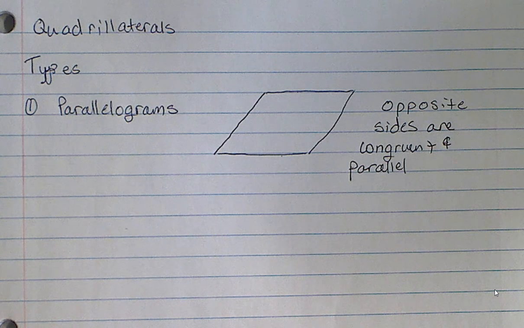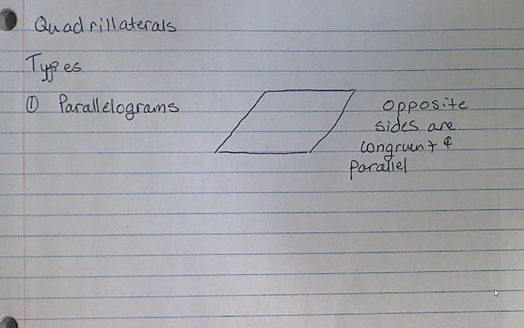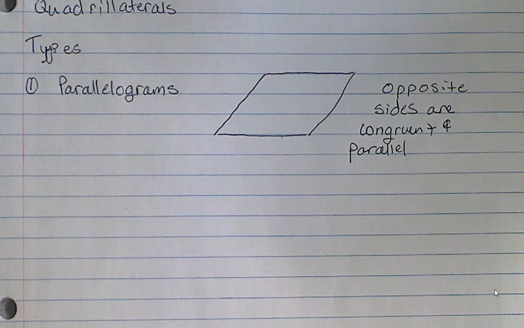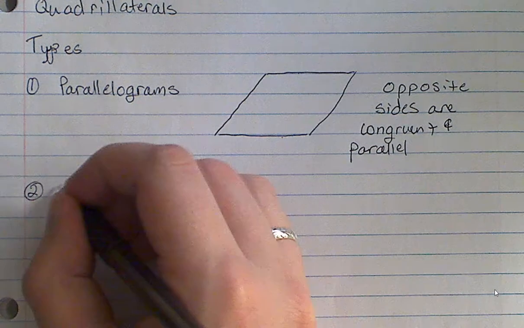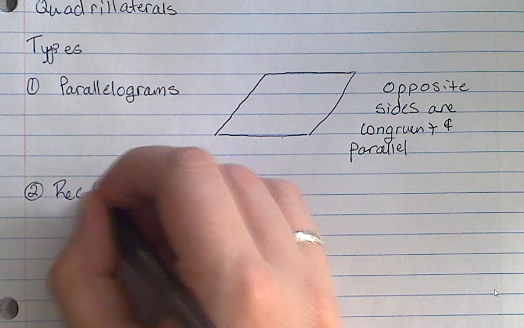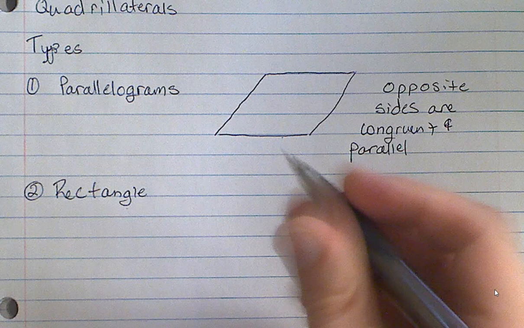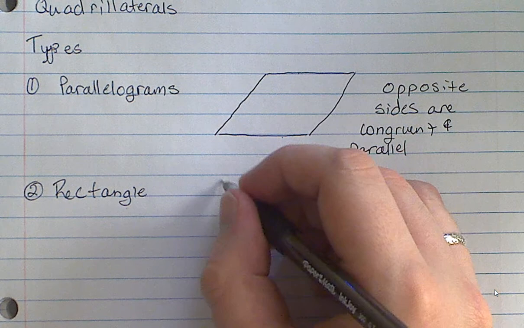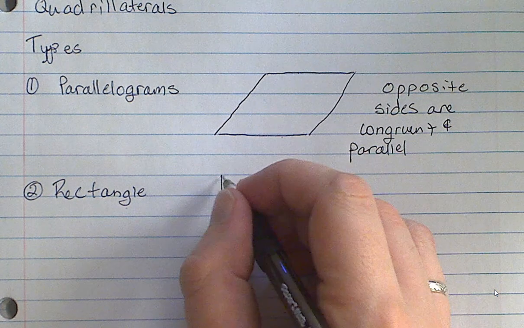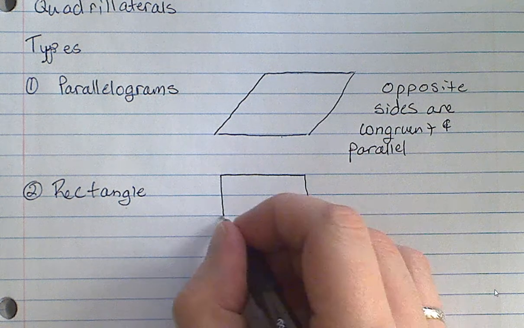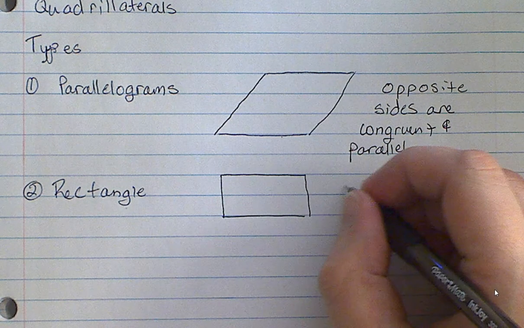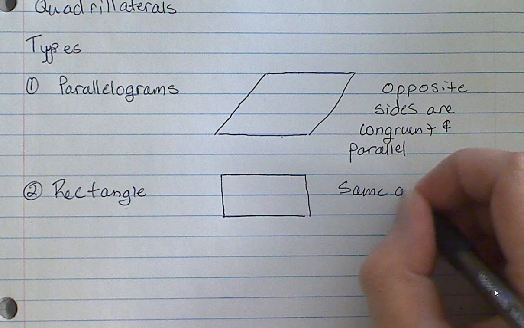Alright? Next type of quadrilateral we're going to talk about is a rectangle. So for a rectangle, it's the same as the parallelograms. Opposite sides are parallel and congruent, but all angles are 90 degrees. So same as parallelogram.